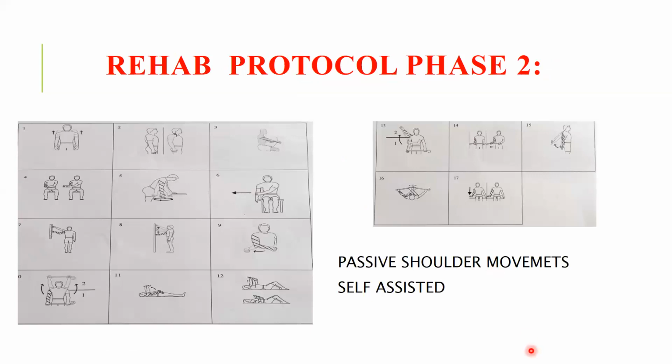So phase 2 will be around 6 weeks for reverse shoulder, and maybe 2 to 4 weeks for shoulder arthroplasty, where we use passive shoulder movements which the patient does self-assisted. So those will be using the good arm and doing flexion up to 90 degrees. And these are passive assisted movements using the wall ladder or the cane.